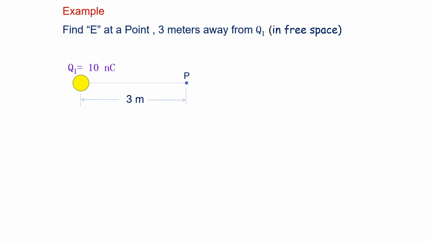Let us find out the electric field intensity at a point 3 meters away from Q1 in free space. As the first case, let us call the Q1 as positive charge. Due to this positive charge, the electric field intensity E will be away from Q1.